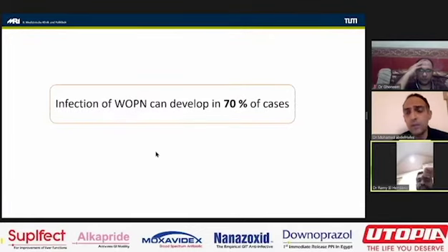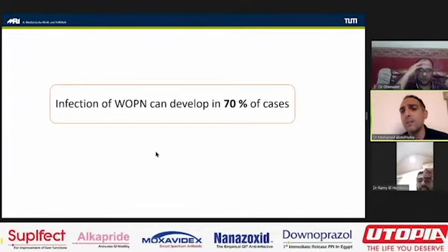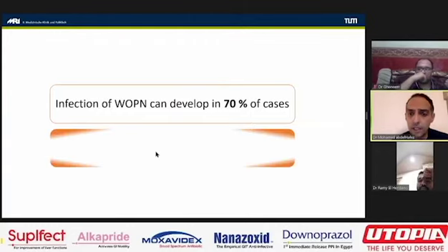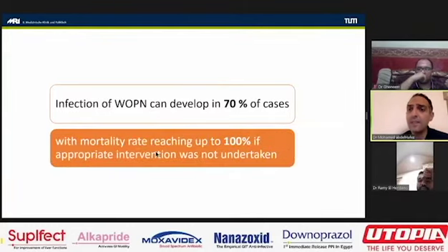We have to notice that if you are sure that there is necrosis in the cyst, you can't leave it, because infection of walled-off pancreatic necrosis can develop in 70% of cases. If you don't intervene, the mortality rate is 100%. And I witnessed here, where I work, that they dismissed a patient who wanted to go home. He has walled-off pancreatic necrosis, but no signs of infection.